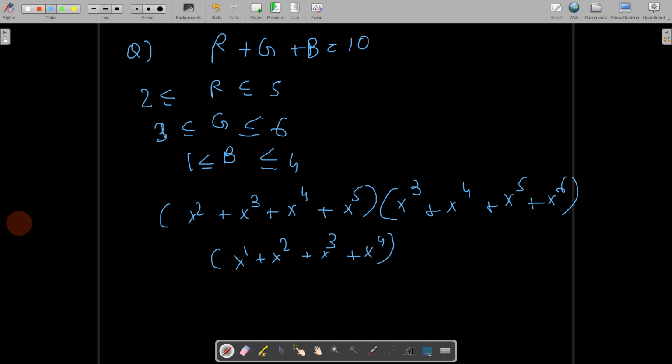Now what do we need? We need the coefficient of x power 10, because power is representing how many balls you have selected. Okay, so how do we proceed?